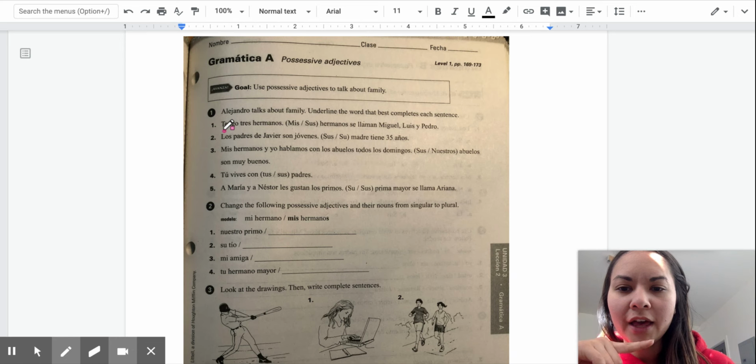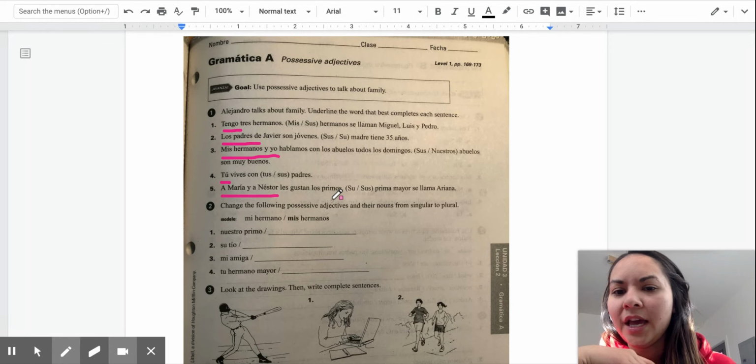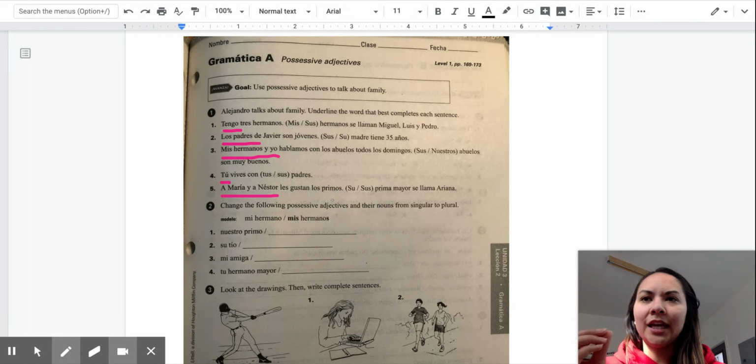First, tengo, or los padres, or mis hermanos y yo, or tú, or Maria y Nestor. That is going to indicate which possessive you're going to use. Mi, tu, su, nuestro, su.